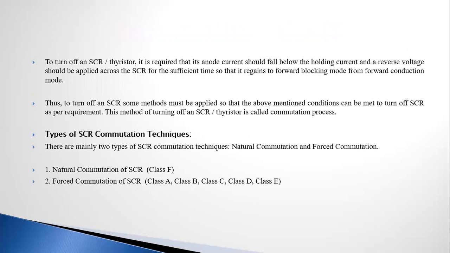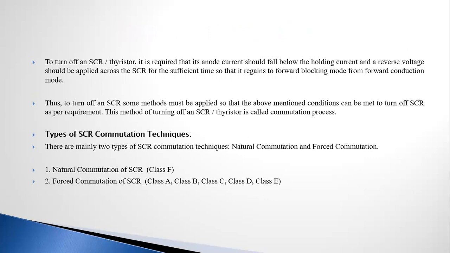To turn off an SCR or thyristor, its anode current should fall below the holding current, and a reverse voltage should be applied across the SCR for a sufficient time so that it regains forward blocking mode from forward conduction mode.